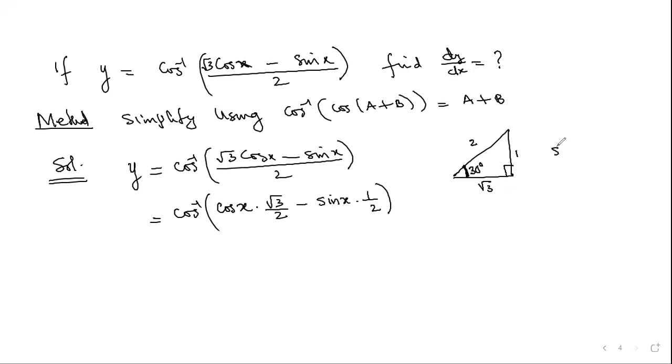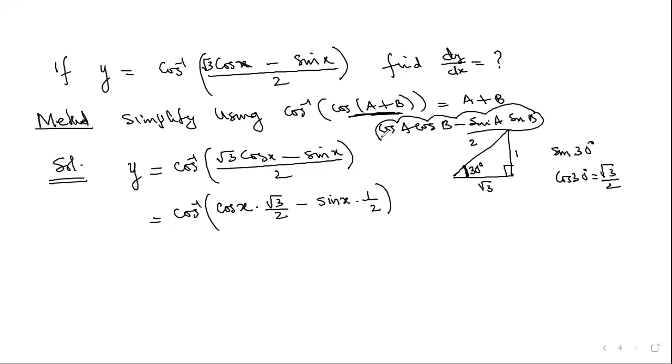So naturally sin 30 is half and cos 30 is root 3 by 2. Now, why do I go here for cos 30? I could have also gone for sin 60 here. I need the cos A plus B formula, so I need cos A cos B minus sin A sin B. As per my need, I'm converting it.